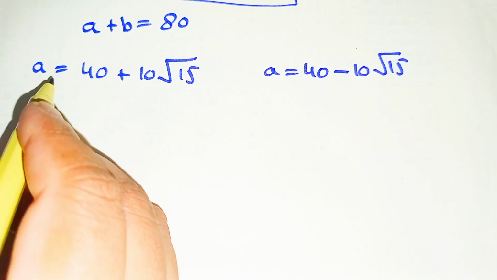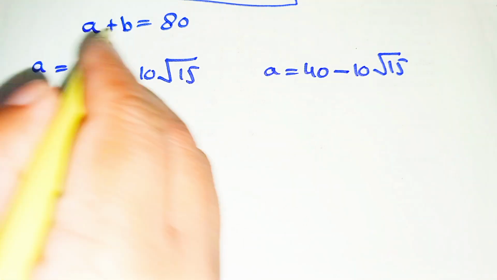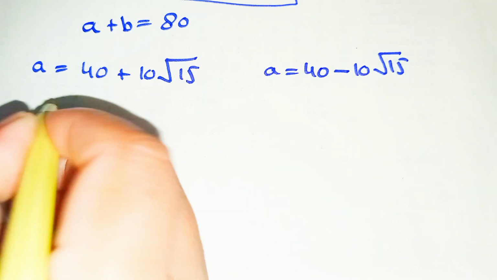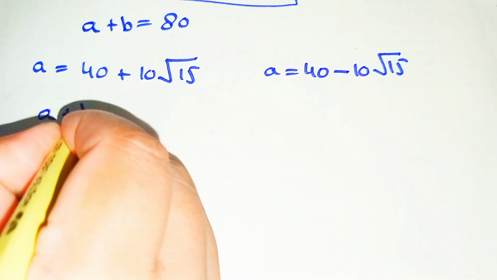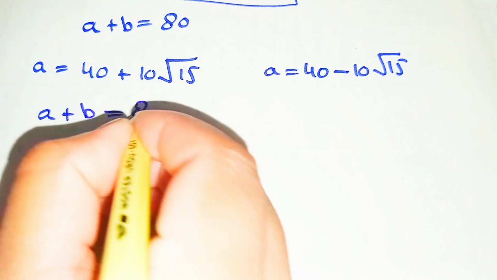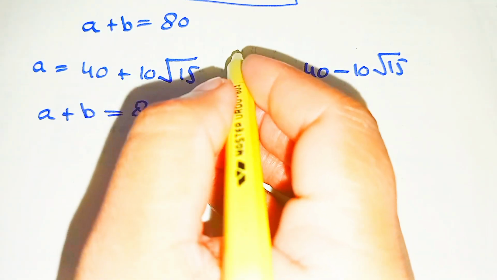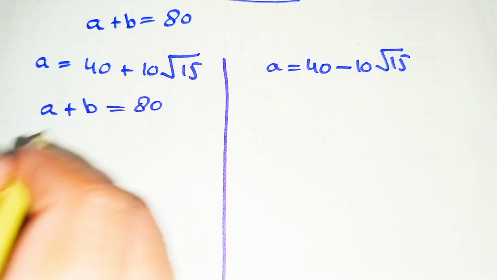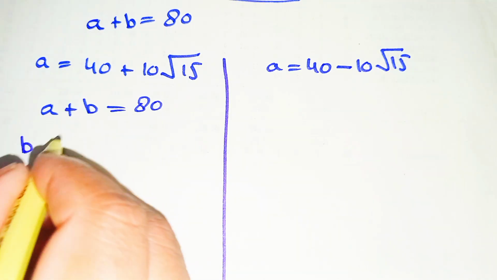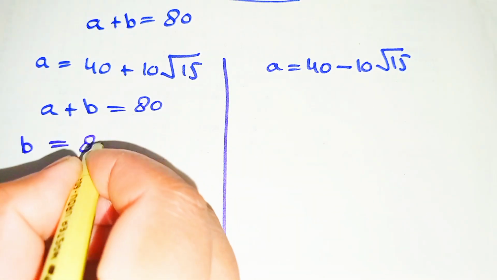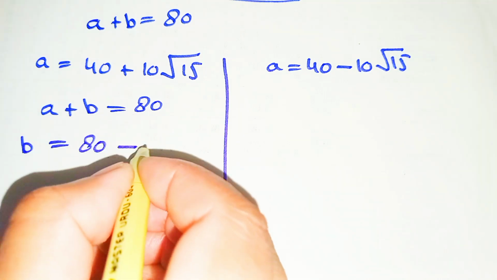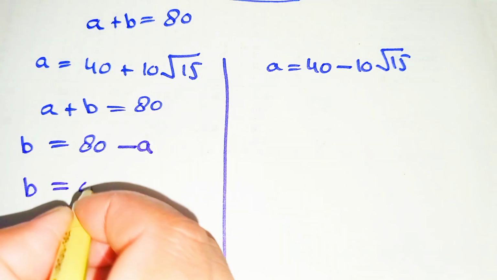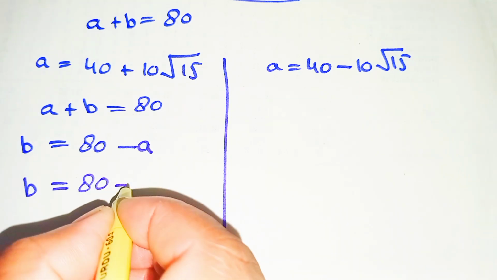So here a plus b is equal to 80 and b is equal to 80 minus a.